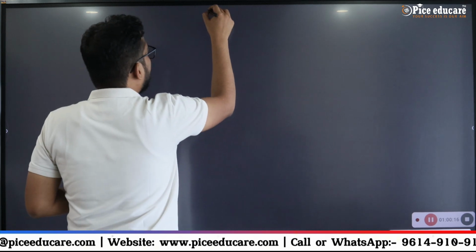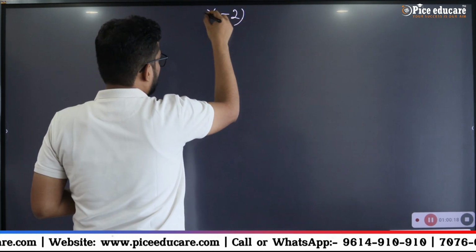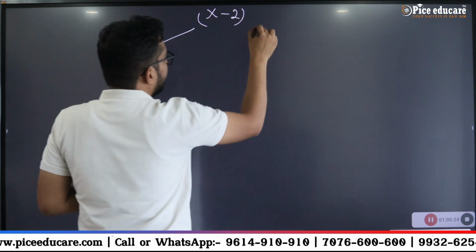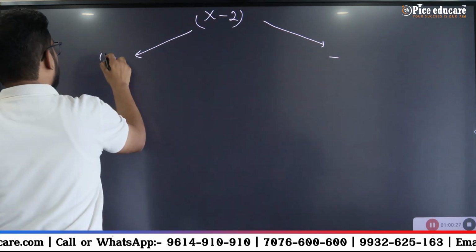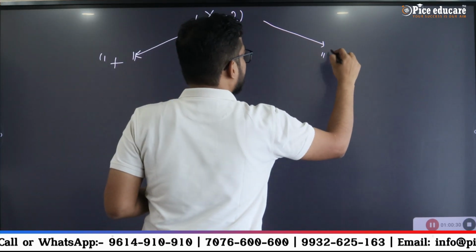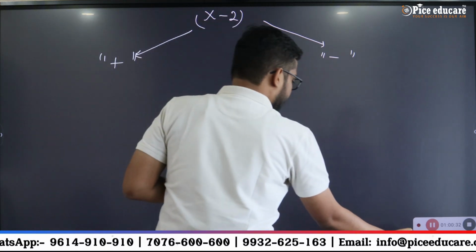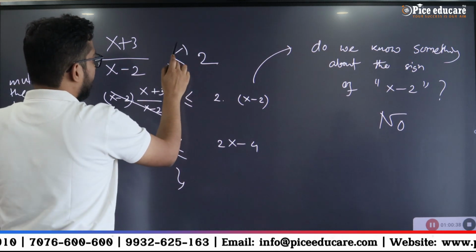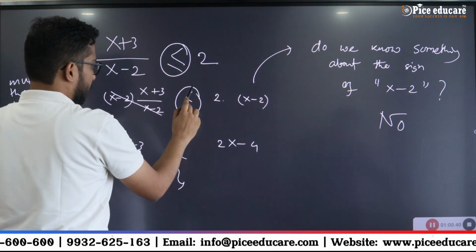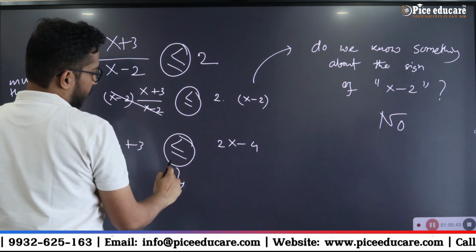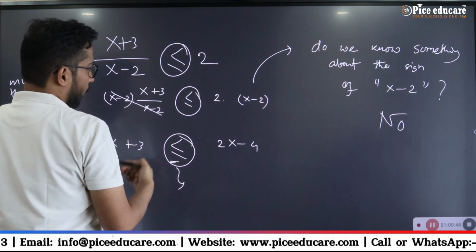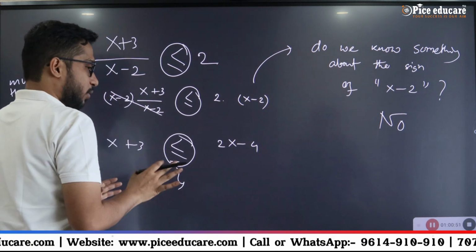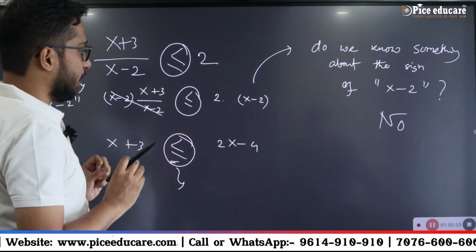For example, x minus 2, if it is positive, then what? If it is negative, then what? We have to consider these two cases individually, as we have blindly just multiplied by x minus 2, and we have never taken into account the change in the direction of this inequality. We forgot to flip this inequality, if it was the requirement. We didn't do this. So that's why we were getting some partial answers.